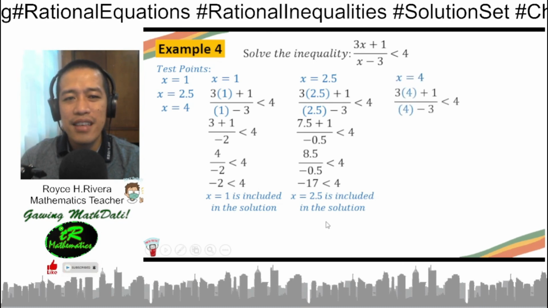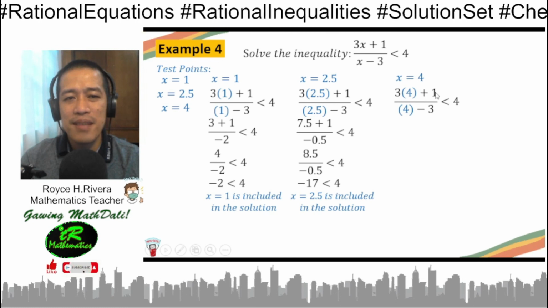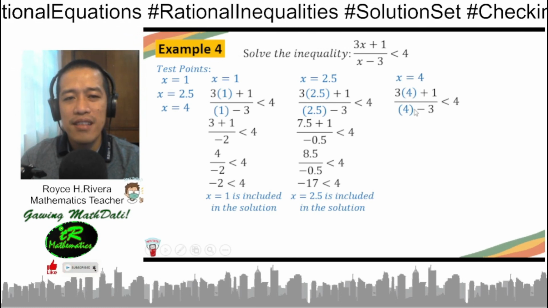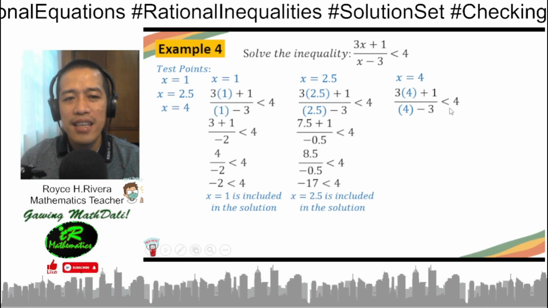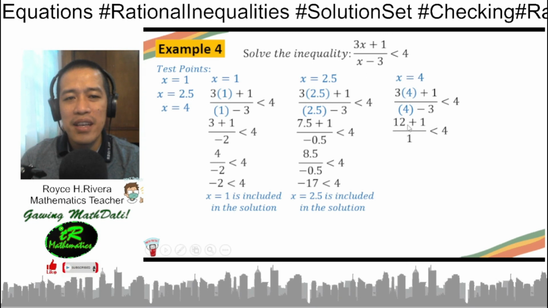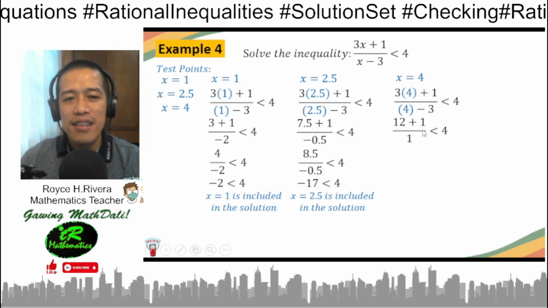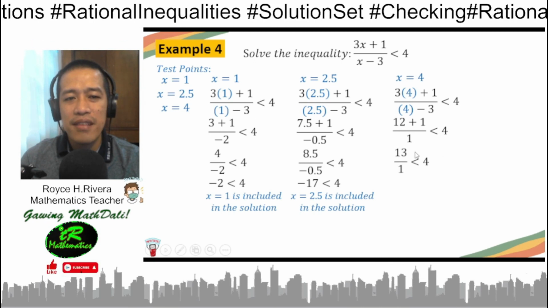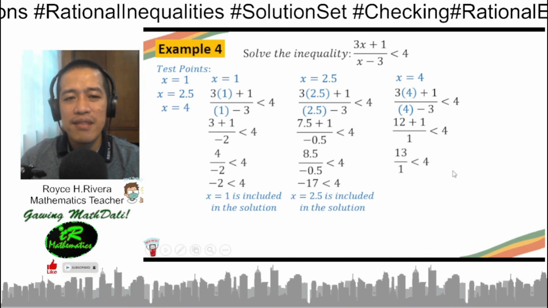Last test point, x equals 4. By substitution, we will have 3 times 4 plus 1 all over 4 minus 3 less than 4. We will obtain 12 plus 1 all over 1 less than 4. And we have 13 over 1 less than 4.